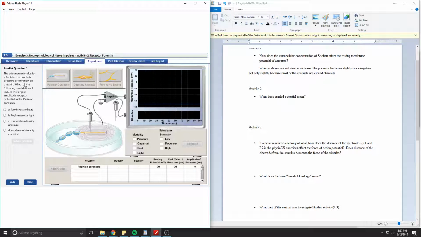The adequate stimulus for pacinian corpuscles is pressure or vibration on the skin. Which of the following will induce the largest amplitude receptor potential?